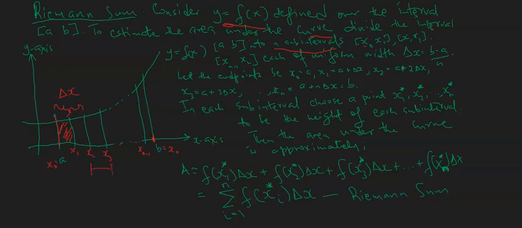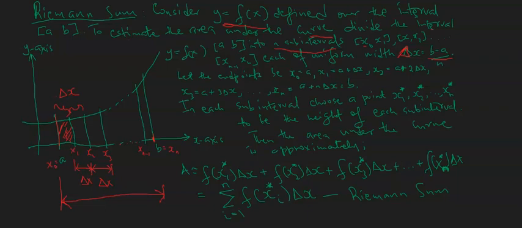That is, the distance from x2, for example, to x3 is delta x, or the distance from x1 to x2 is delta x. And delta x, we can say, is the distance from a to b divided by the number of subintervals n, and that's why delta x is the same as (b minus a) over n.